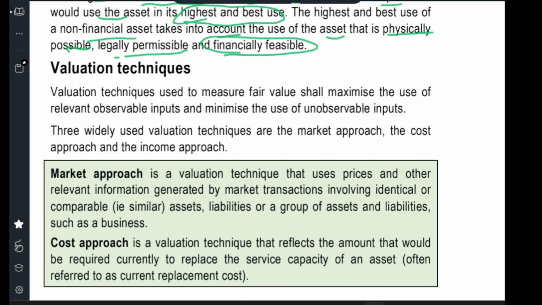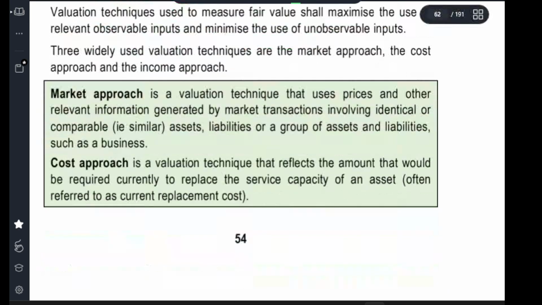Sometimes a company will value the product using some technique which is not feasible. They will bring in costs that are not even there. Sometimes they will bring in gains, or costs that are not economically feasible. They will overvalue the asset, or sometimes undervalue the asset. That should not be there.